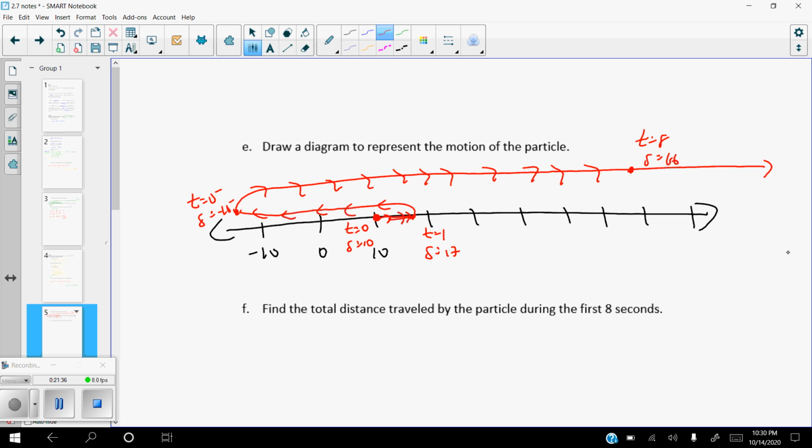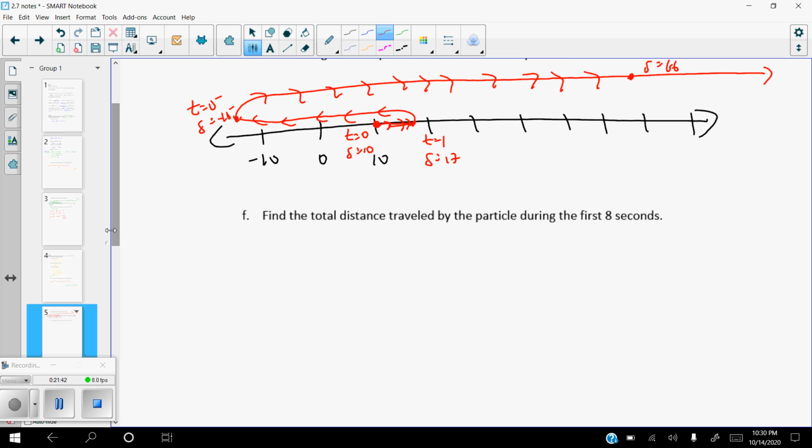Find the total distance traveled now by the particle during the first 8 seconds. So again, you could do it by looking at your sketch and kind of counting the total distance. The time from 0 to 1 is going to give us a distance of, let's see, at time 1 it was at 17, at time 0 it was at 10.